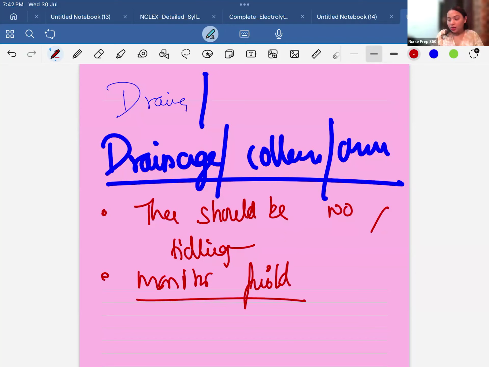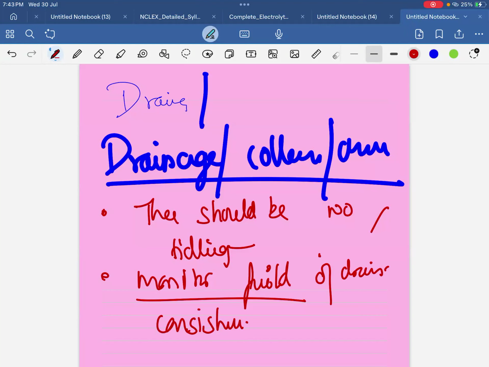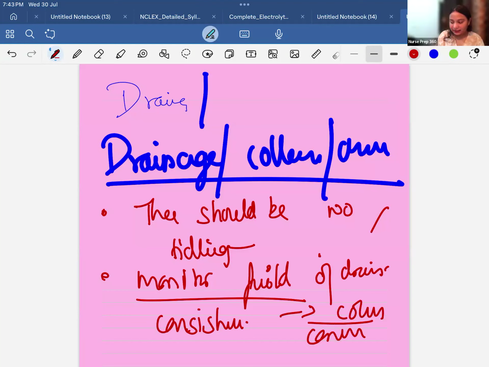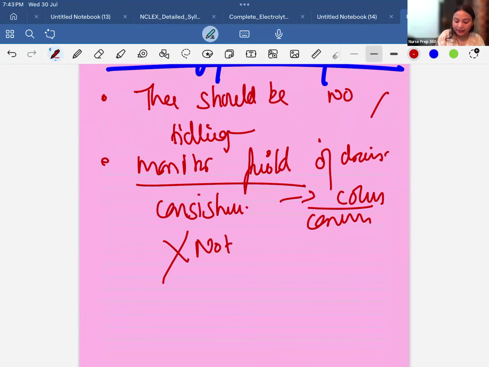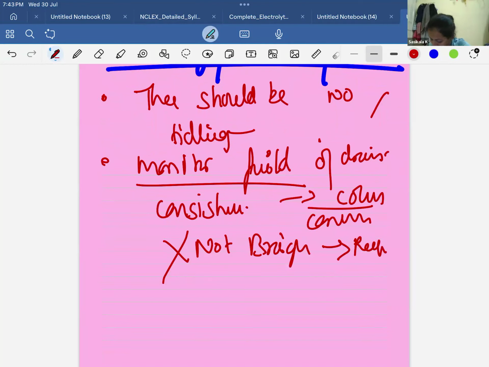Monitor the fluid of the drainage. You need to look at the fluid of the drainage and comment on the fluid. Look at the color. Look at the consistency. It should not be bright red. If there is bright red, report, because bright red fluid of blood indicates active bleeding, hemorrhage, the patient is going into shock.